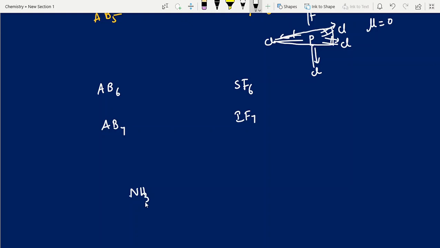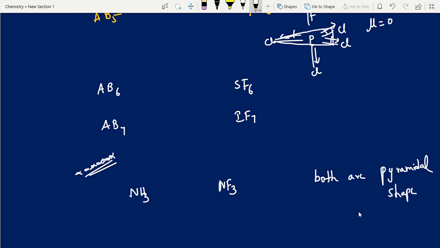NH3 and NF3 is one of the frequently asked questions in all examinations. Both are pyramidal shape, but NF3 has a dipole moment less than NH3.